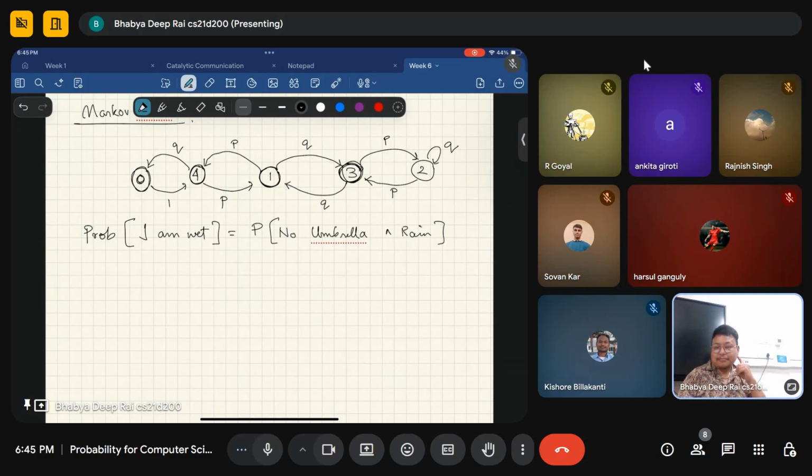Goel, is this clear? Of course this is clear. But no rain and no umbrella and rain are independent events, no? So I can multiply these together.